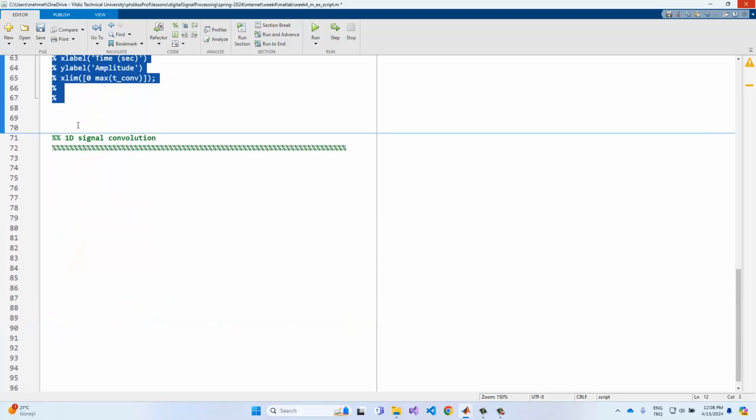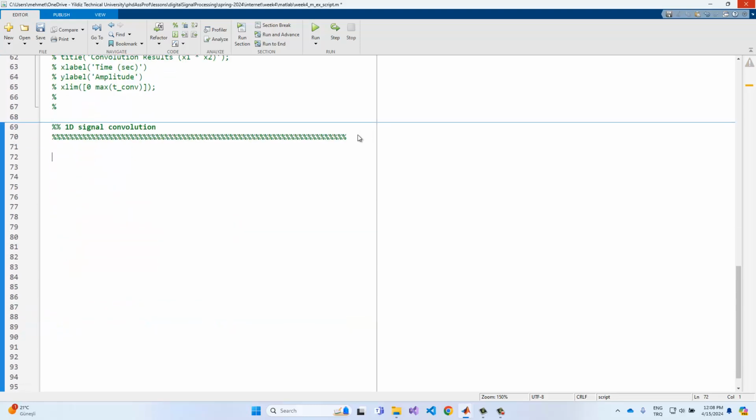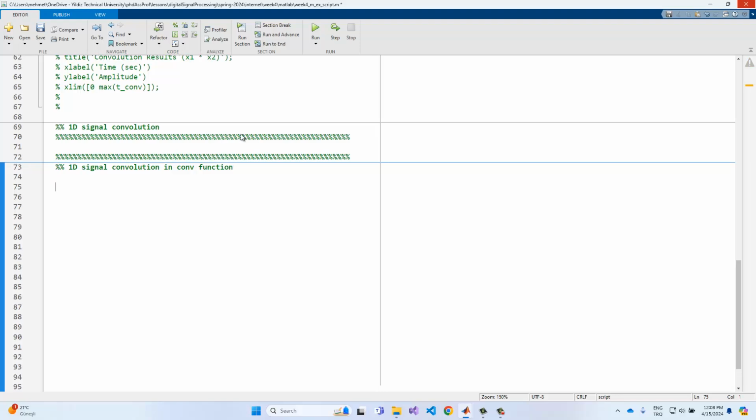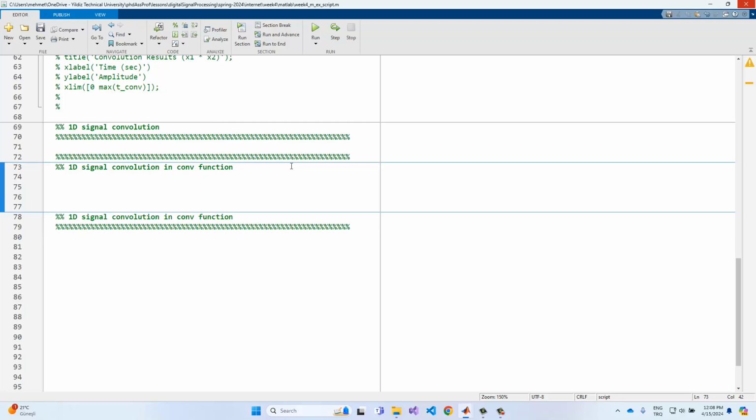And also we can use the signal convolution conv function. This is the predefined function in MATLAB, and so we can build or evaluate the performance of this function also in here.